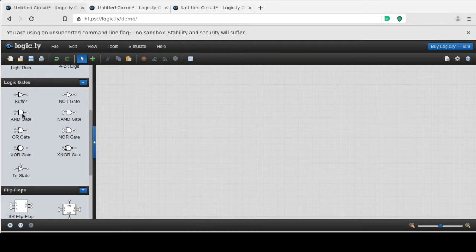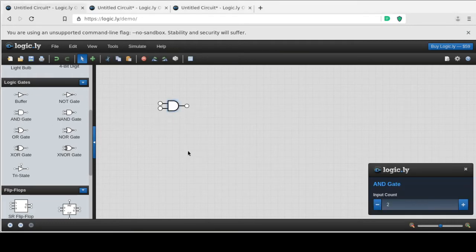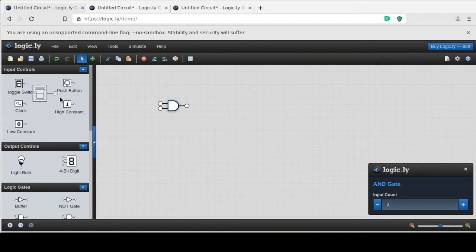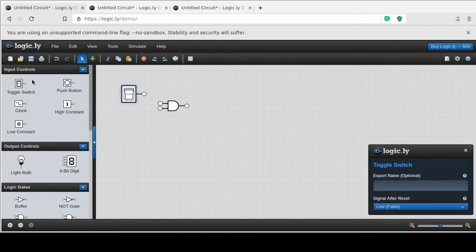Okay, but remember that the AND gate looks like that, kind of like a bullet, and the two leads on the left hand side, those are the inputs, and the single lead on the right hand side, that's the output. Okay, for inputs what you use is a toggle switch. Well, I guess you need two toggle switches, one there and one there. And then for the output, you need a light bulb like that.